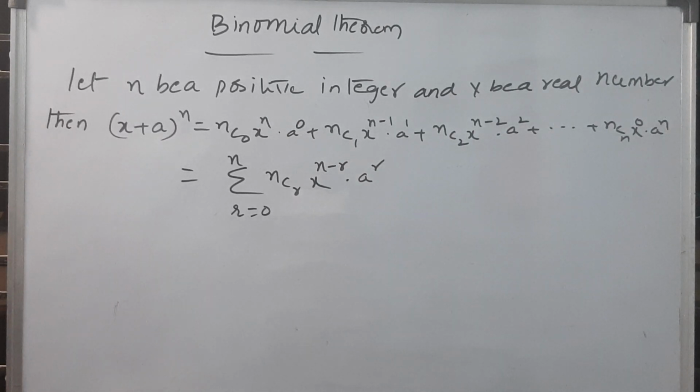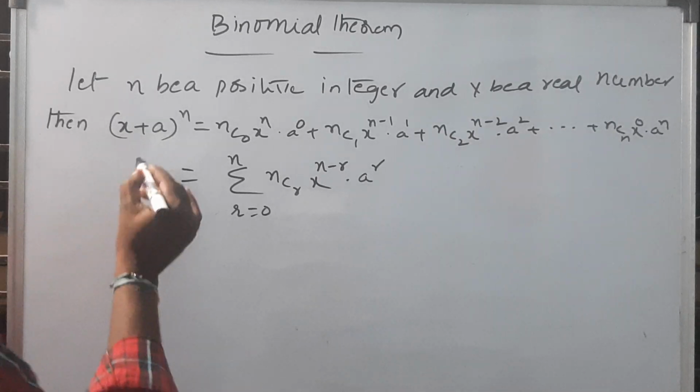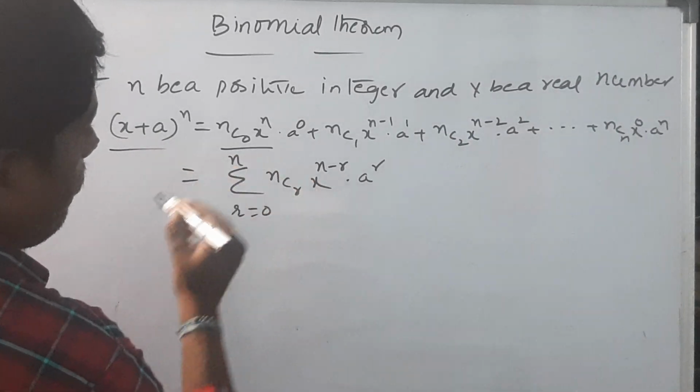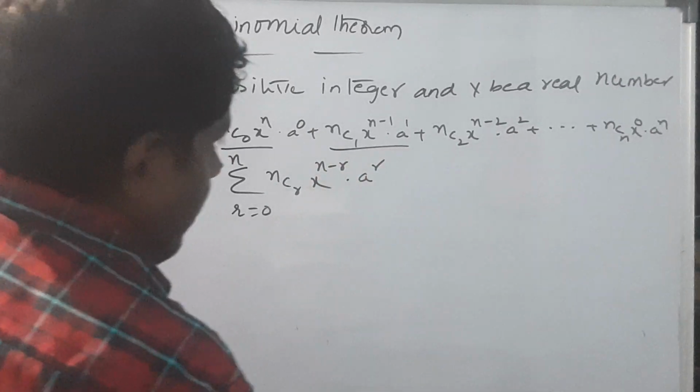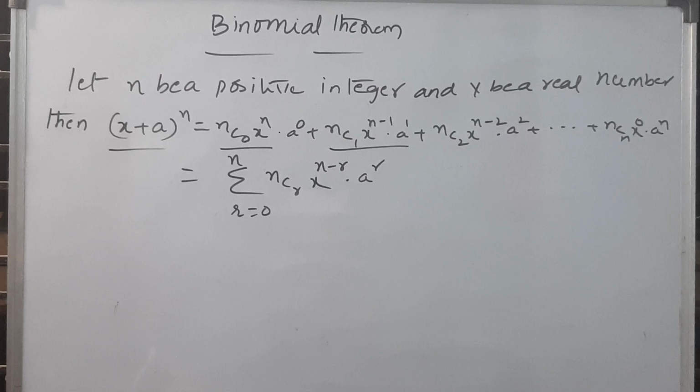This is the binomial theorem, binomial expansion. (x + a) whole power n is equal to nC0 x^n a^0, nC1 x^(n-1) a^1, nC2 x^(n-2) a^2 and so on, nCn x^0 a^n. That is equal to summation of r from 0 to n, nCr x^(n-r) a^r. This is called binomial theorem or binomial expansion.